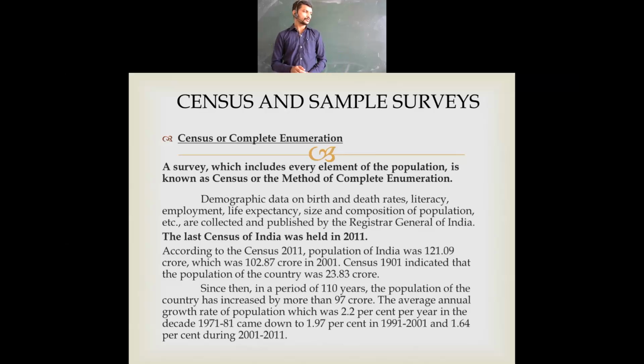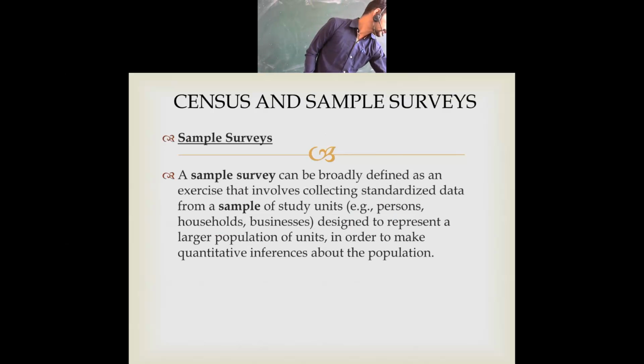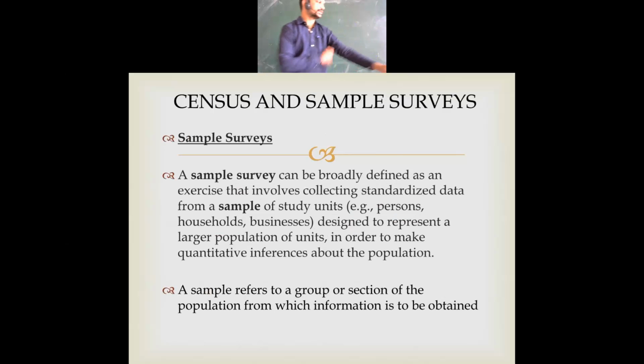Then 1991 to 2001, how much was it? Presently it is 1.64. So 1.97 was in the decade 81 to 91, sorry, and 1.64 for 91 to 2001. So that is where we ended, but now in today's session we are going to see the sample survey.